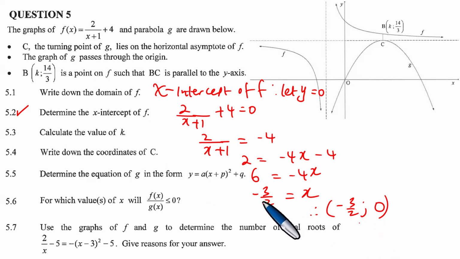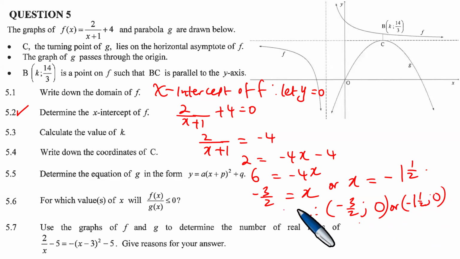So the x-intercept is -3/2, and it can also be written as -1 remainder 1 out of 2, like that. It can be either this or -1 and a half, with 0. So in other words, 2 goes how many times into 3? It goes once, remainder 1 out of 2. And this is the x-intercept of f.